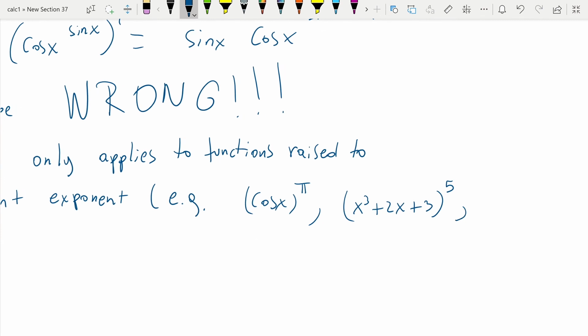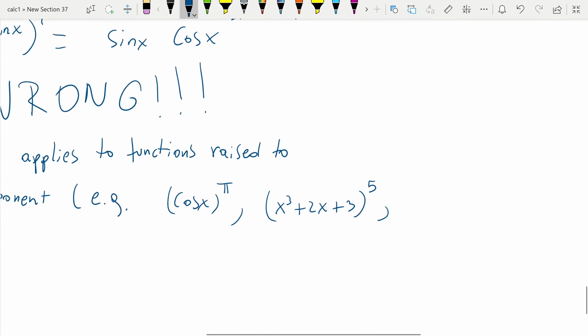And say 1 over x squared plus 7 to the power of e. Say e is a number, so that's acceptable as well. So all of these are correct applications. This is a function of x raised to a constant power.